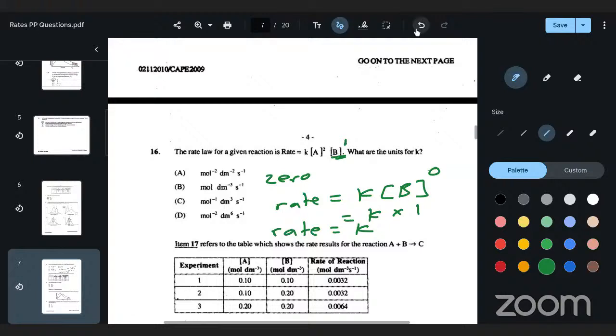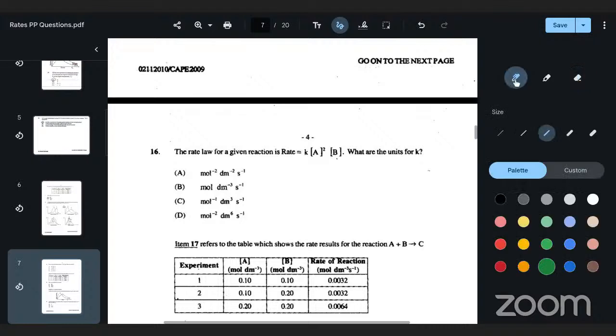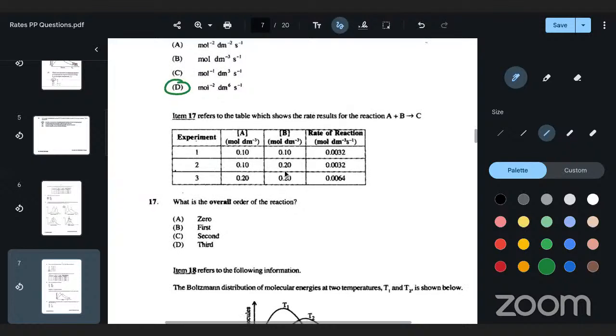All right, so let me just undo these. So we said it would have been D. This is a repeat. So some of them are repeats.